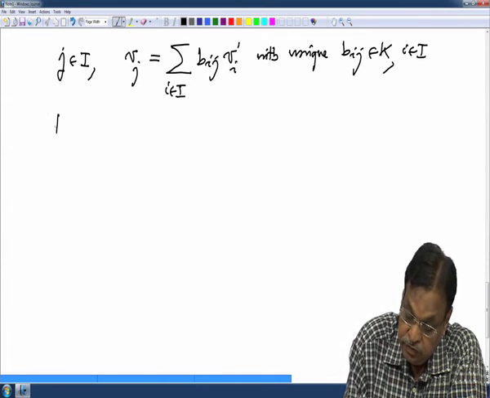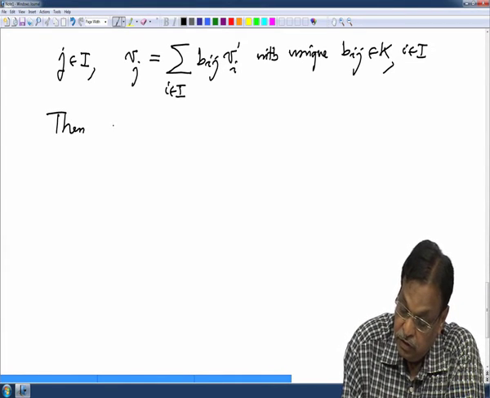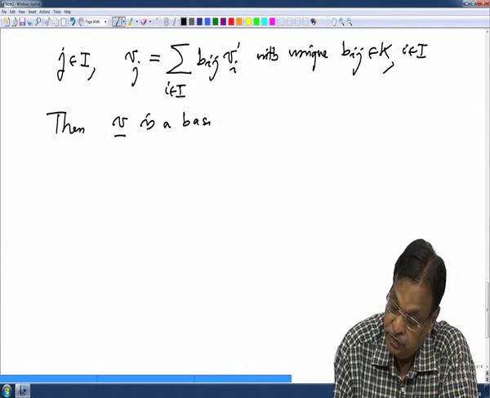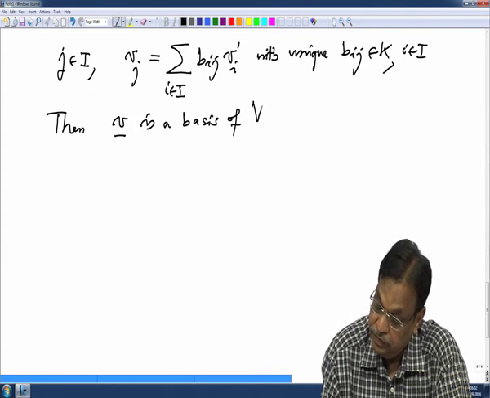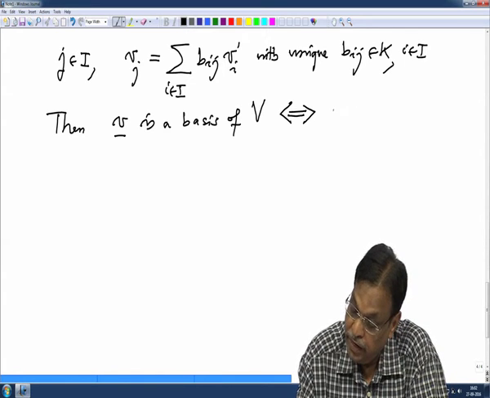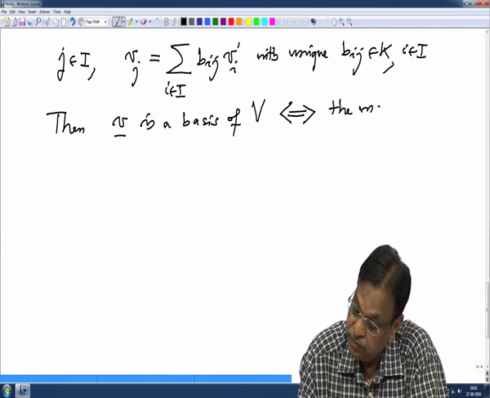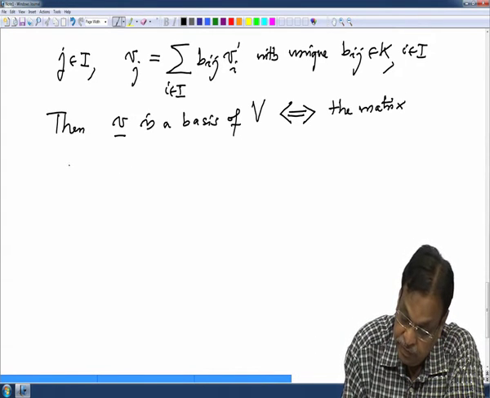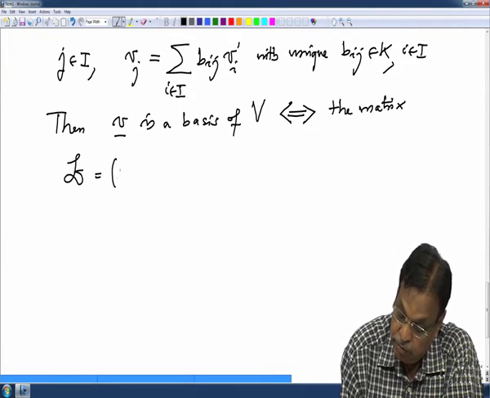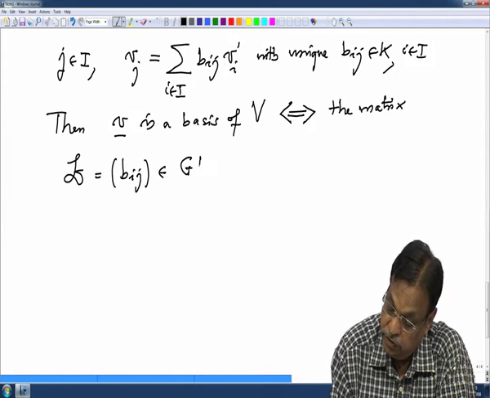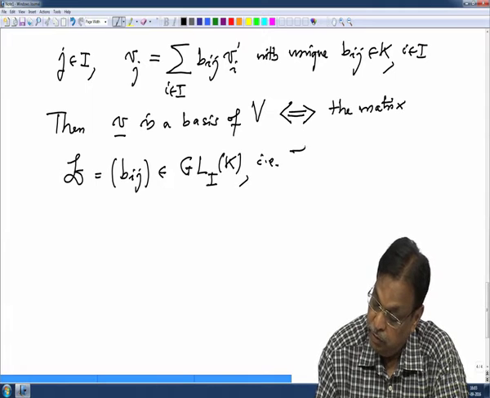Then this (v_i) is a basis of V if and only if the matrix B, which is (b_ij), is invertible. That means it is in GL_I(K), that is, B is invertible.